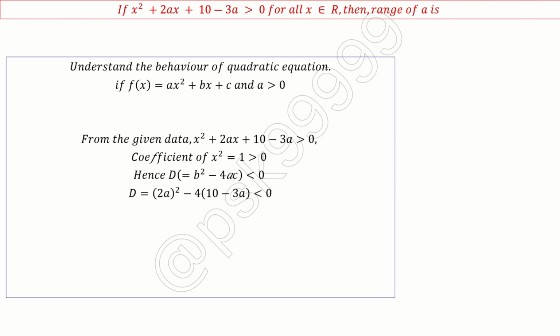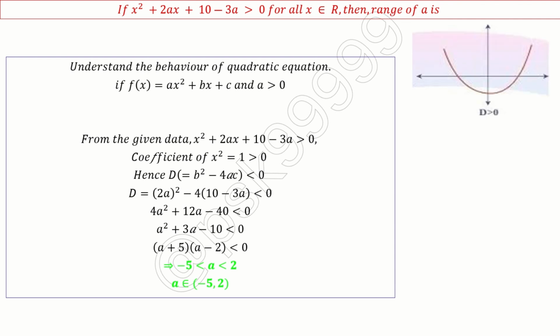D is equal to 2a whole square minus 4 times 10 minus 3a, which is less than 0, or simplified, 4a square plus 12a minus 40 less than 0. Simplified further, you will get a plus 5 into a minus 2 is less than 0, or a is between minus 5 and 2. So this is the range of a for which this quadratic polynomial is always positive. So a belongs to this range.